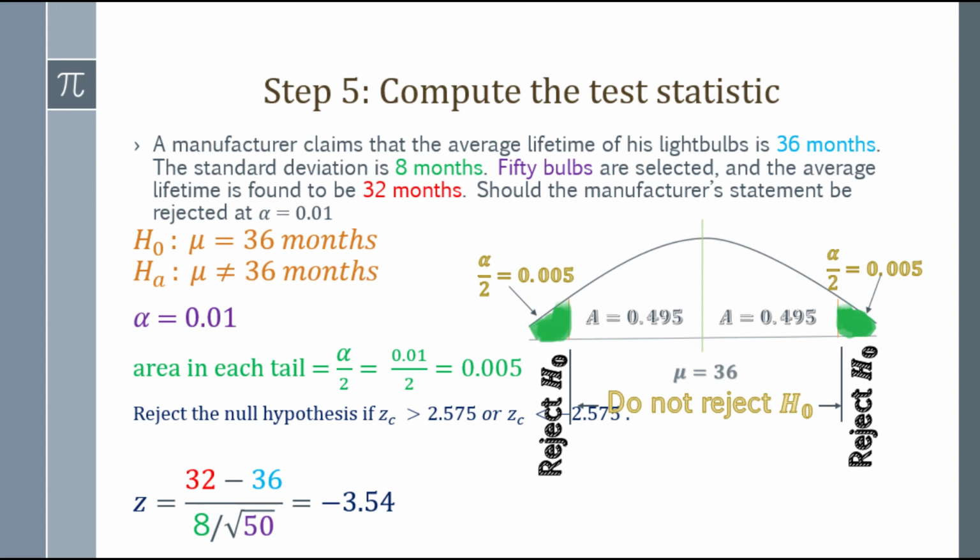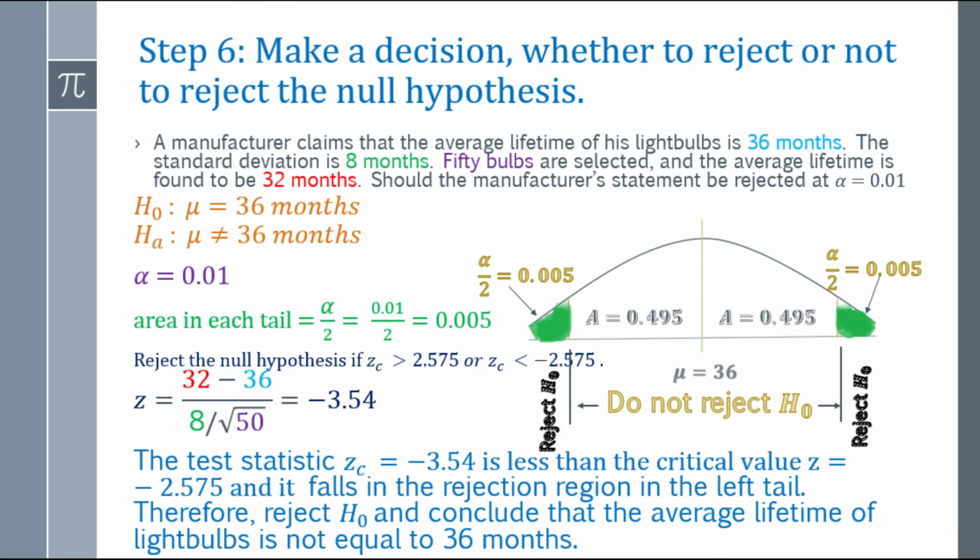Ito na yung malalaman natin kung yung computed C-value. So we have 32 minus 36, over mo siya dun sa 8 over square root of 50. Simplify that, that will be negative 3.54. At dahil mas less siya sa negative 2.575, mas maliit siya dun sa negative 2.575, reject natin yung H0.